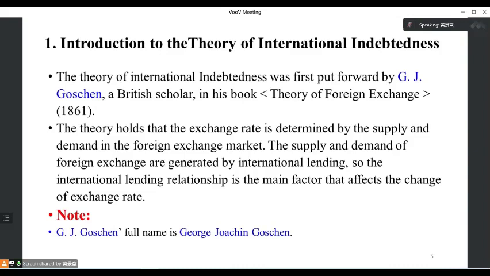So the international lending relationship is the main factor that affects the change of exchange rate.